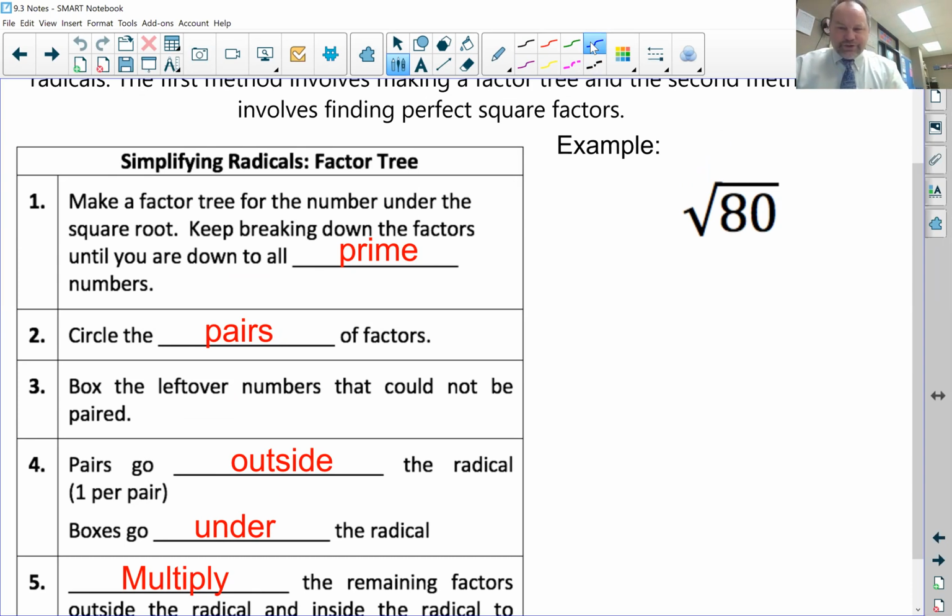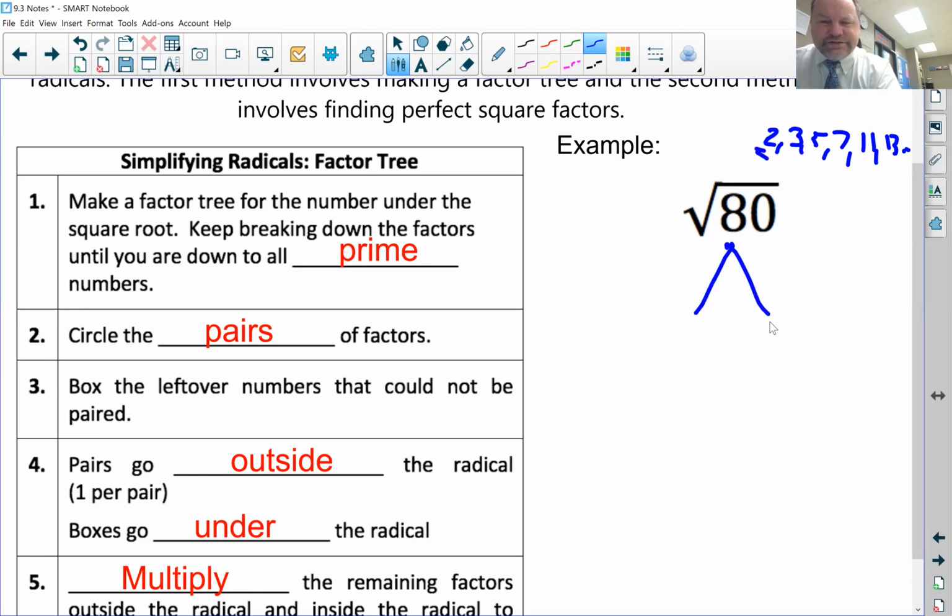So the prime numbers, 2, 3, 5, 7, 11, 13, and they go on. So I always start with my lowest prime. I always check 2 first. 80 is even, so 2 is a factor. 2 and 40.